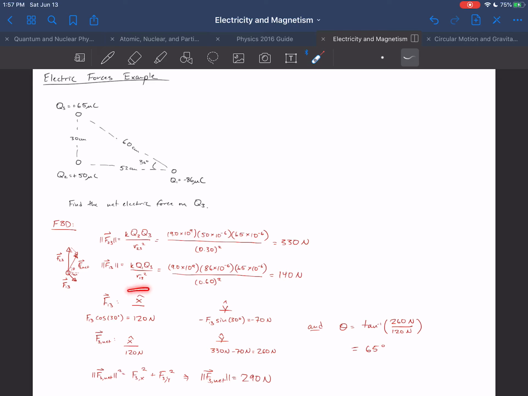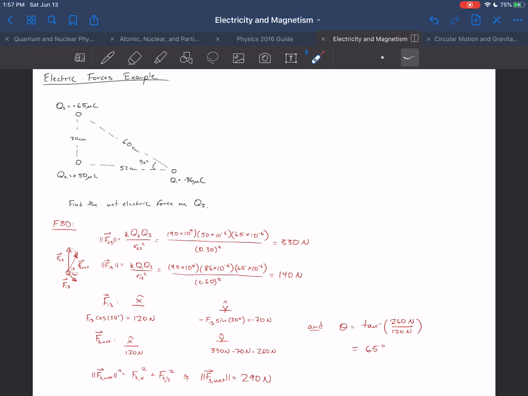We add the x components of both F23 and F13, giving us just 120 newtons because F13 is the only contributor. And then in the y direction, 330 newtons minus 70 newtons gives us 260. And then we found the angle and the magnitude using trigonometry and using the Pythagorean theorem.